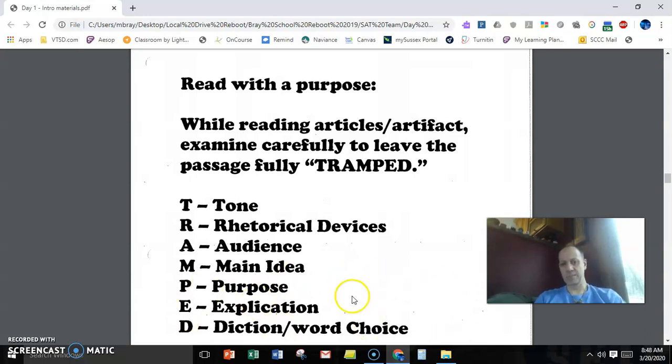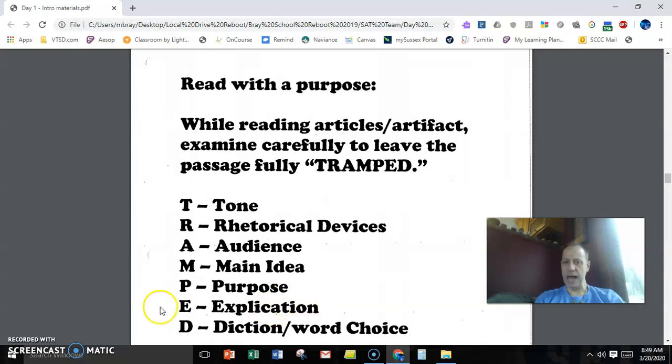And then the last thing, this is kind of a fancy word for explication. We sometimes use the term explanation too here. It's basically, when it's all said and done, it's asking the question, what does it all mean? Has the author done his job, and what does it all mean?